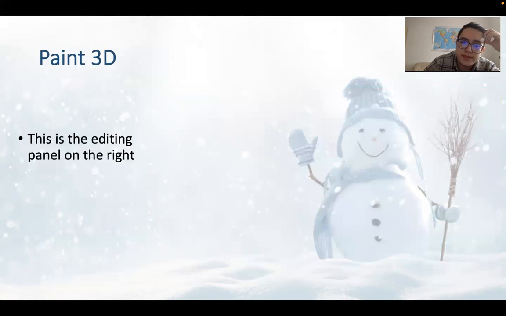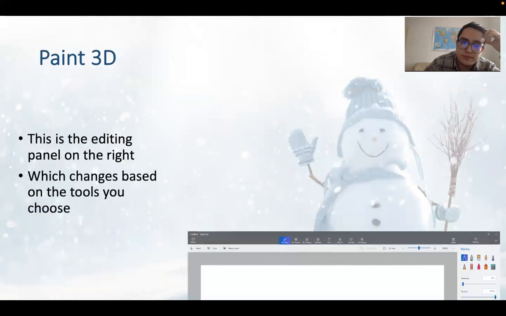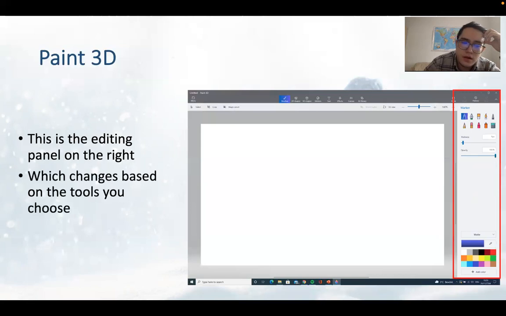This is the editing panel on the right, which changes based on the tool that you have chosen on the top. So for example, here we chose brushes on the top, and here you can see the different types of brushes.